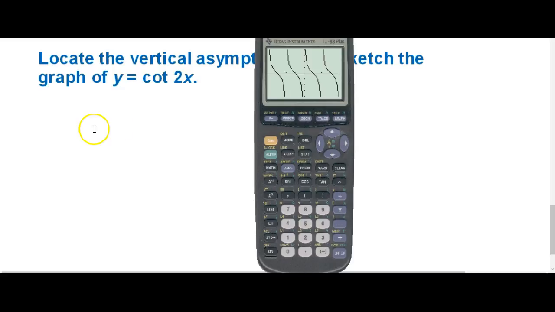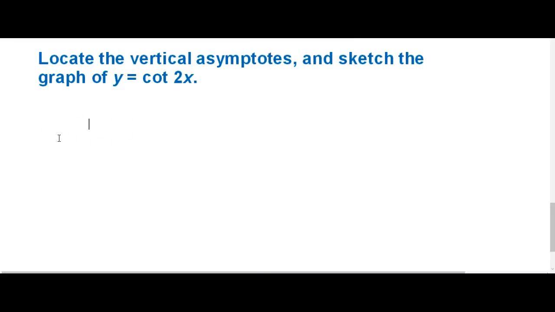So let's go ahead and talk about how you would find the asymptotes of the cotangent function, since cotangent of x is equal to 1 over tangent of x. So wherever tangent of x is 0 is where you would find the asymptotes. And remember, since tangent is sine over cosine, we're essentially looking where sine is going to be equal to 0.